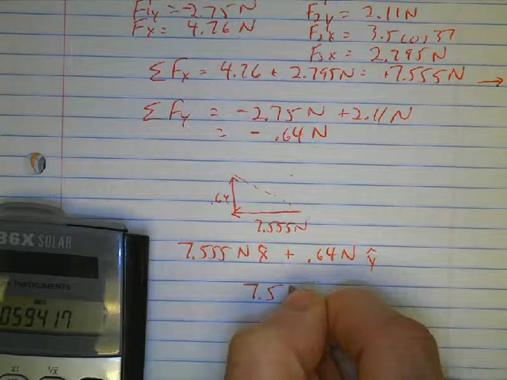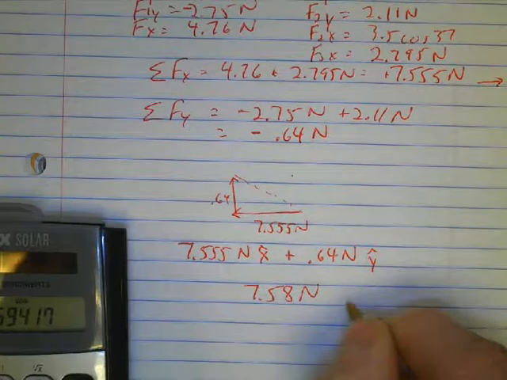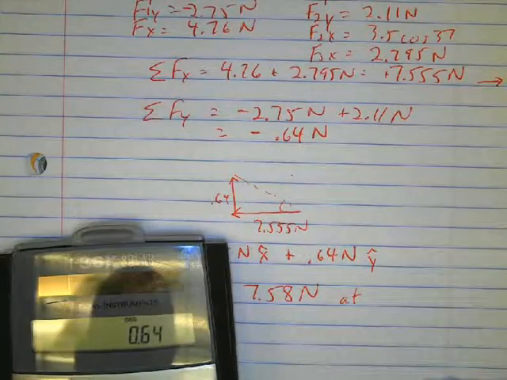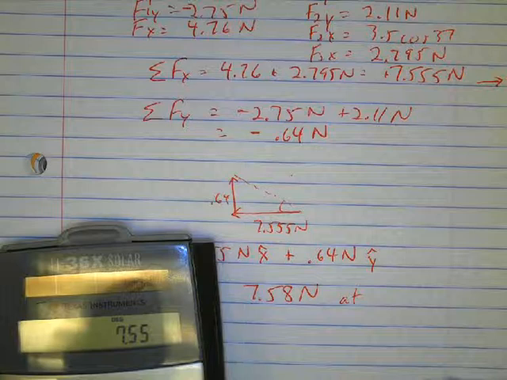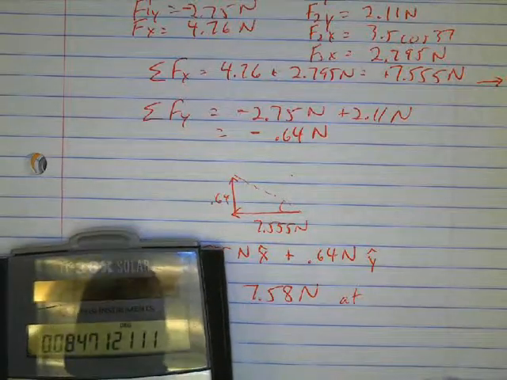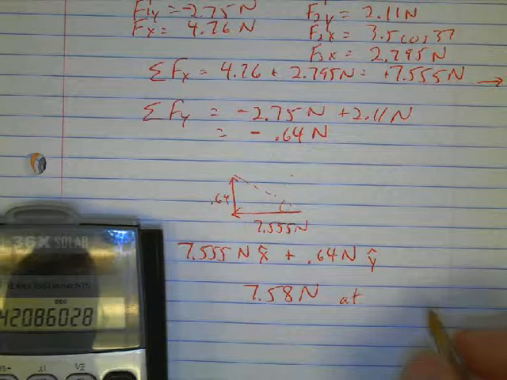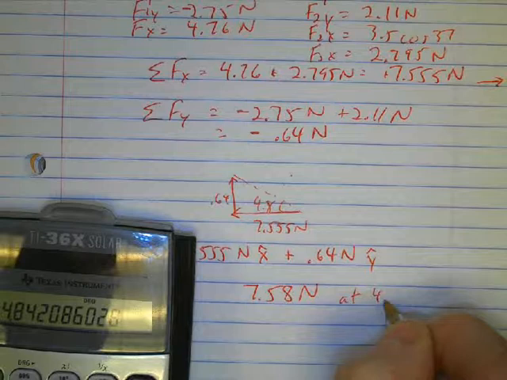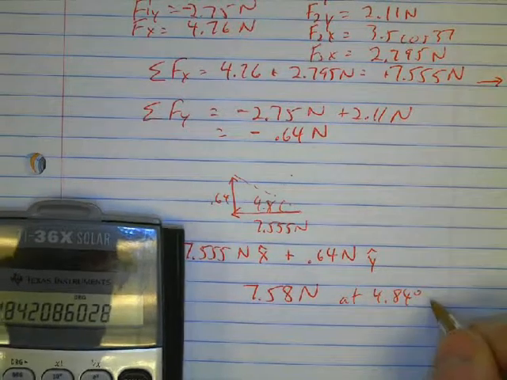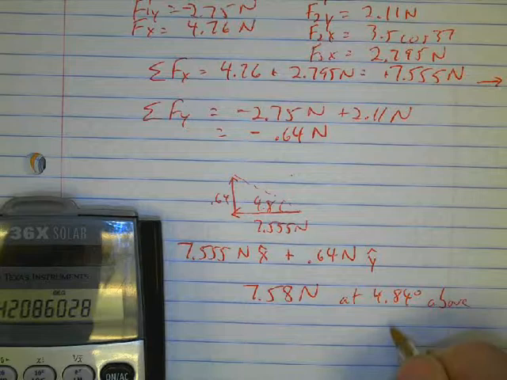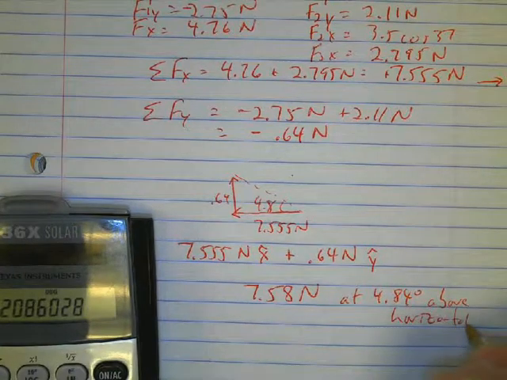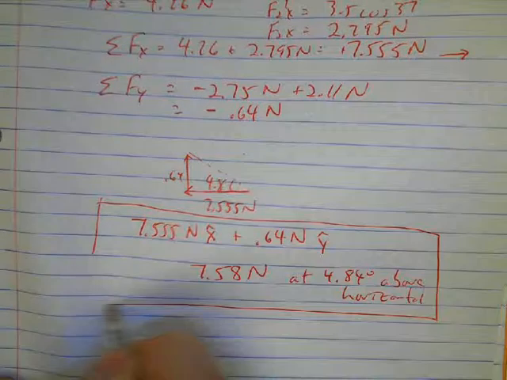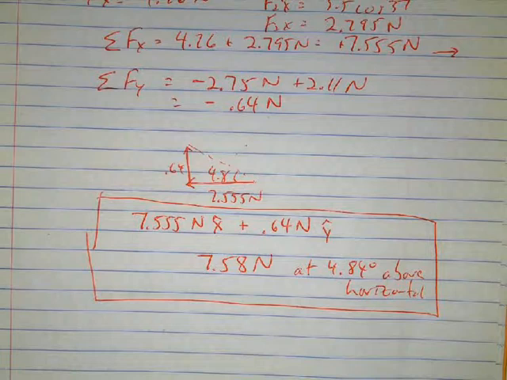So really it's a vector that's 7.58 newtons at, and so this angle would be the tangent of 0.64 over 7.555, which is 4.84 degrees above the horizontal. Okay?